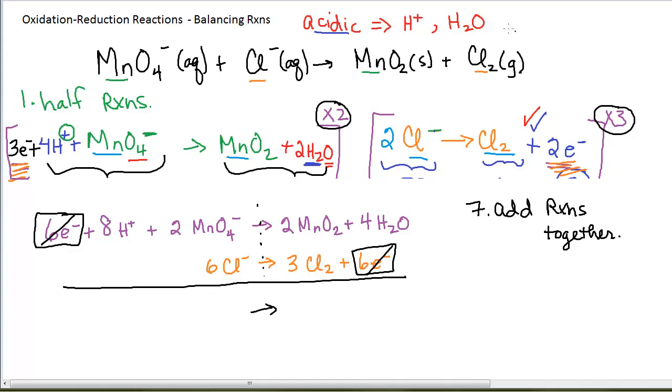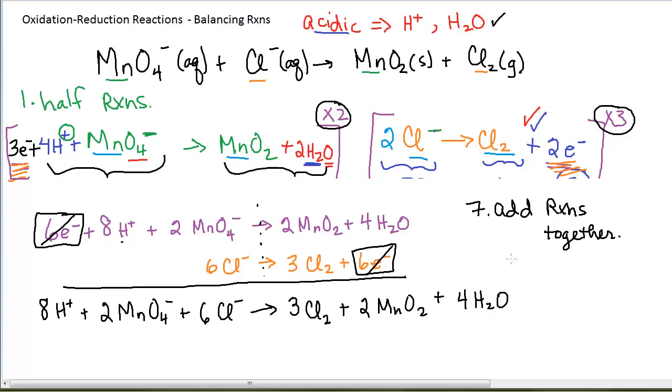Another thing you want to keep a lookout for is to see whether or not you've got any waters or H pluses that can be canceled. We don't have any for this reaction, but if we did have H pluses on both sides, we would cancel some. If we had waters on both sides, we would cancel some. So let me rewrite it with these 2 reactions written together.